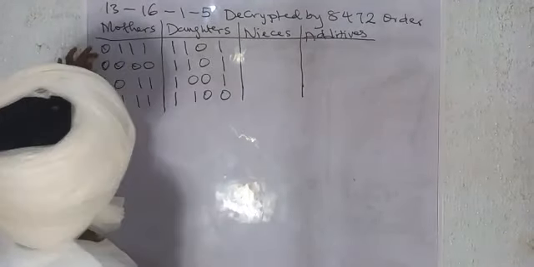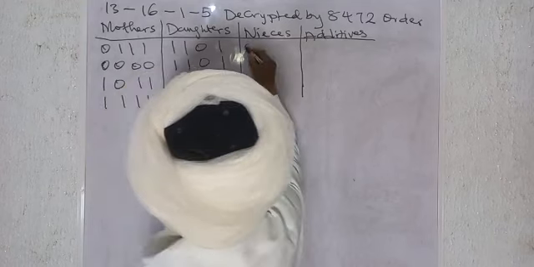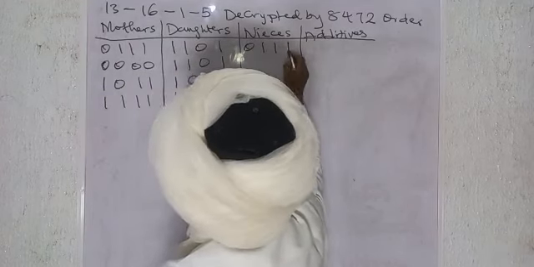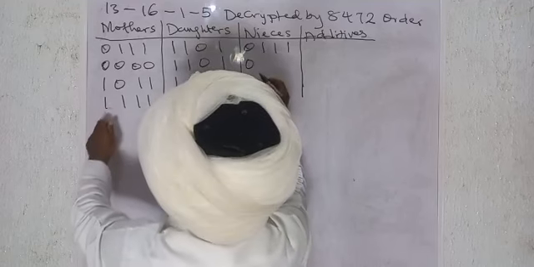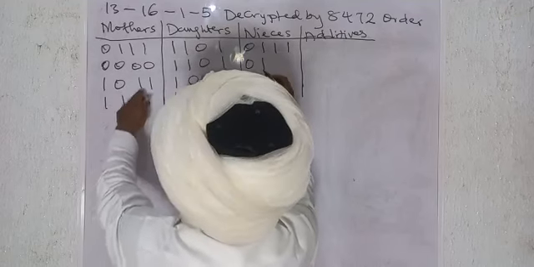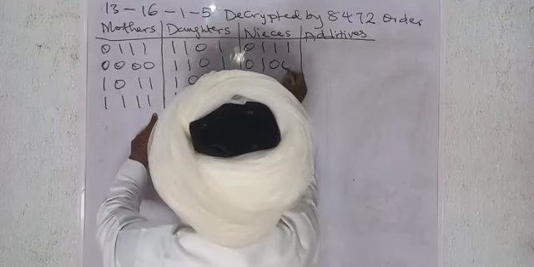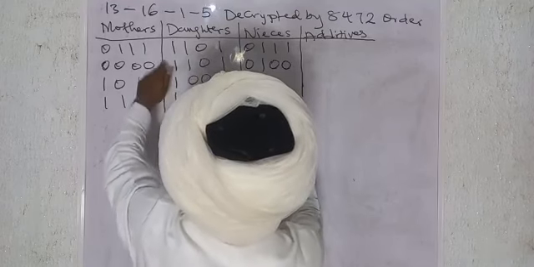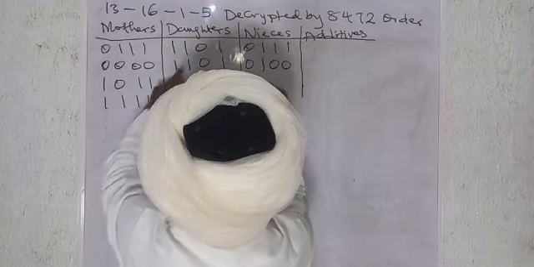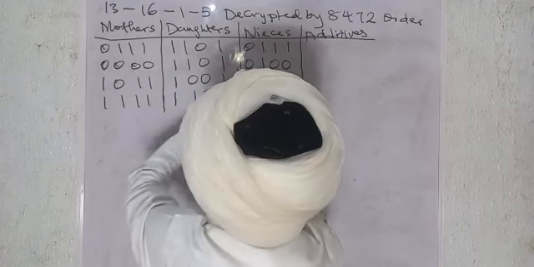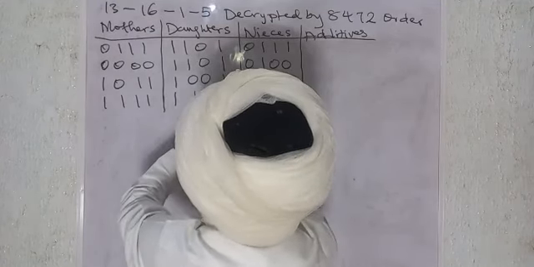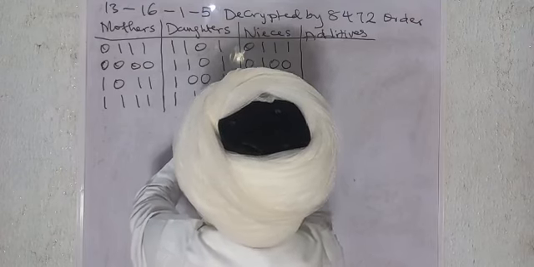Add figure 1 and 2. That gives 0, 1, 1, 1. Add these two together. 1 and 1 will give us 0, and 1 and 1, 1 and 1. Add these two together. 0, 0, 0, 0. Add these two together. 0, 1, 0, 1.